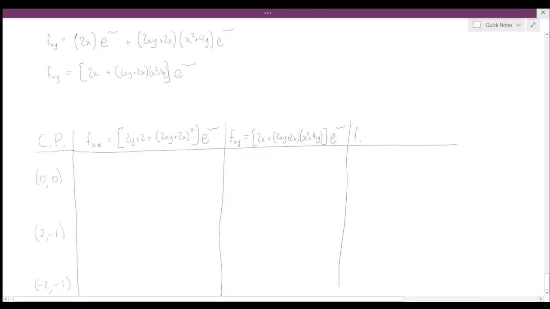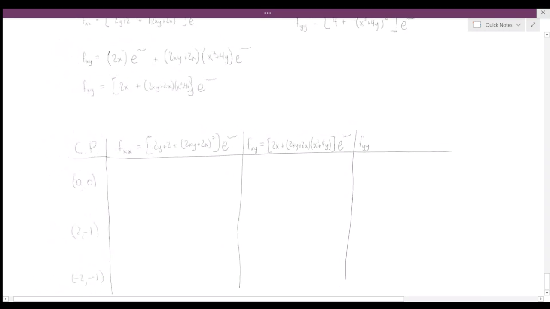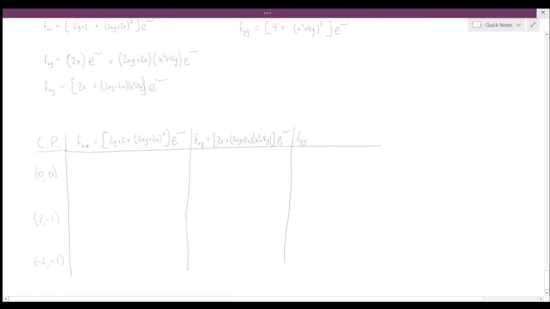And then we'll need to compute fyy, which just for reference, I'll copy it down.